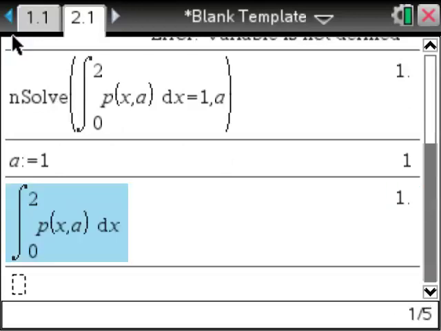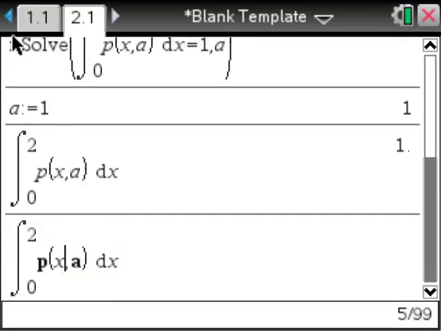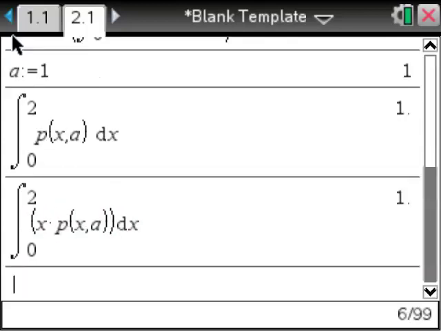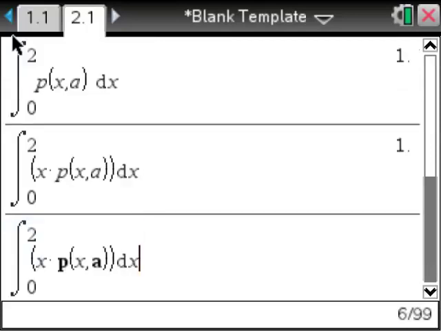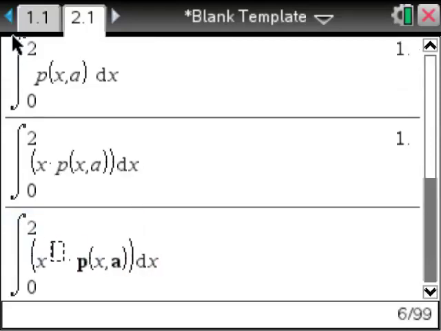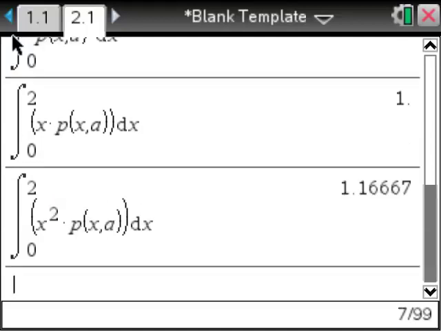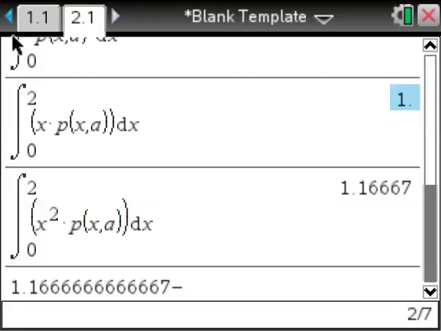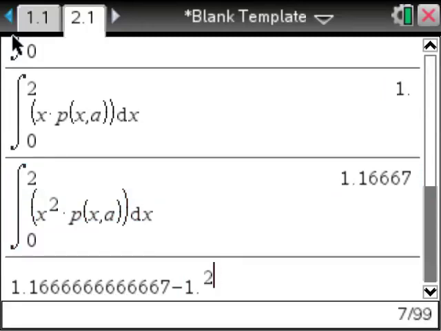Now the expectation will come from inserting an x in front of my distribution, and I get an expectation of 1, which is quite nice. The variance will come from, not straight away just doing x squared. We'll use this value in a minute. It will be that value take away that value squared.